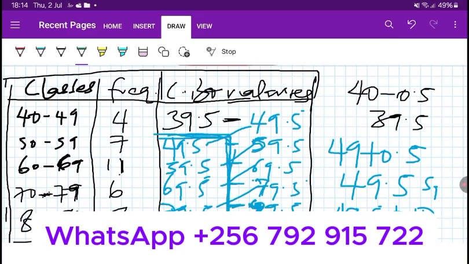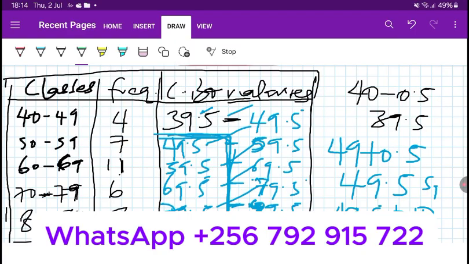Then you take these values that are outside, including this one. But that doesn't mean that we are taking the upper class boundaries. We take the lower class boundary. And this one, the 89.5, we take it in a sense that it will be a lower class boundary in the next class, and that's why we take it.